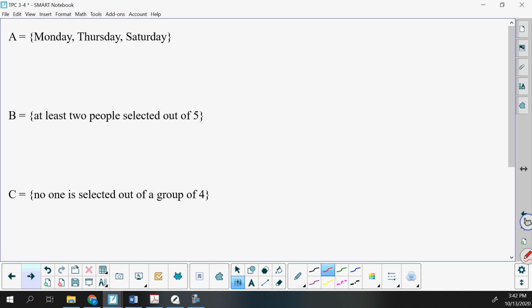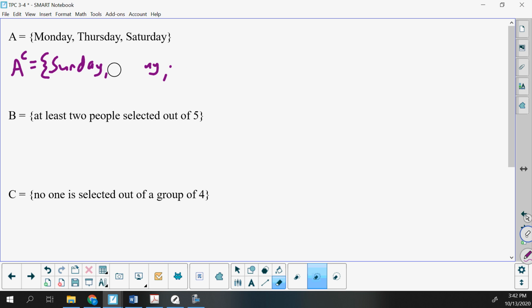So if we go over to 27, we'll list some complements. If set A is Monday, Thursday, Saturday, we're looking at days of the week. So our complement of set A with the C, well, the things we don't have: Sunday, we don't have Monday. Oops, hold on, we do have Monday. Sorry about that.